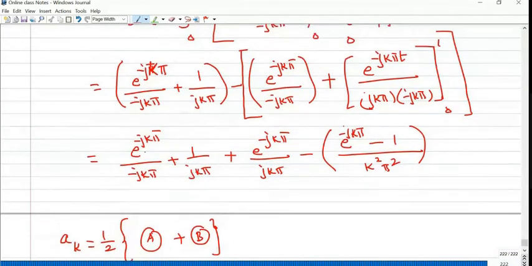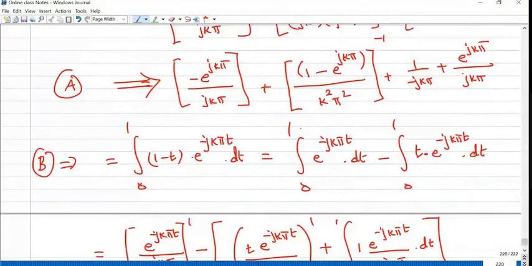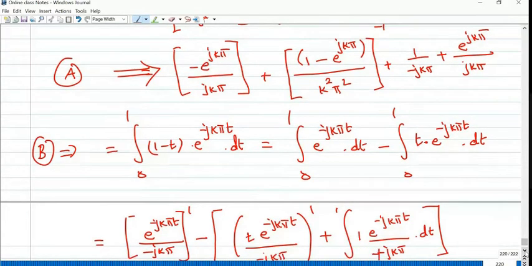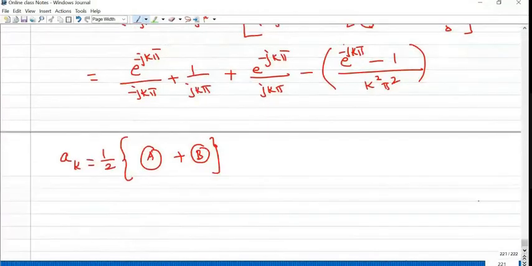Can you check? E power minus jk pi divided by minus jk pi. It's very lengthy. Okay, shall we write first?